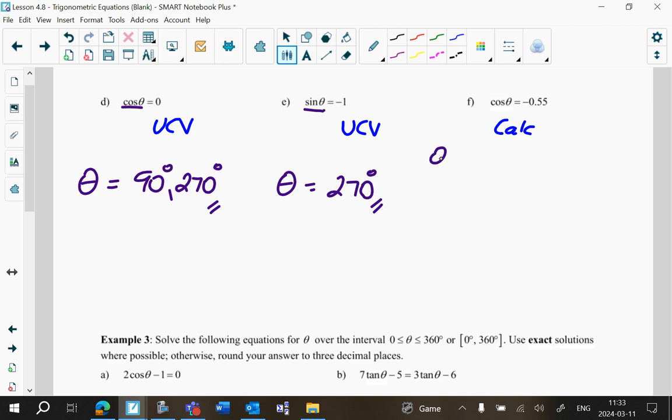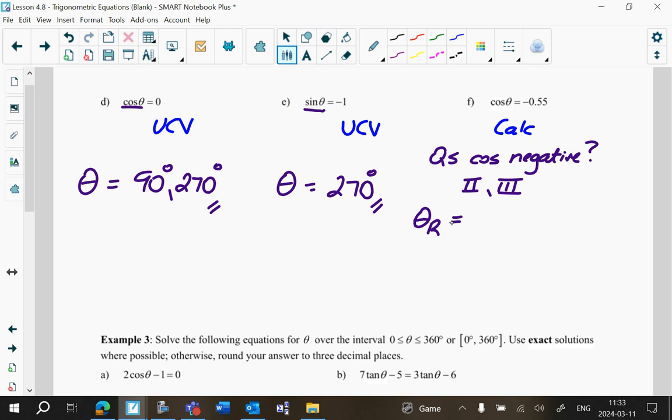I'm wanting to know in what quadrants cosine is negative. 1 and 4? 1 and 4 or 2 and 3? 2 and 3. Now, here's where you have to be careful.